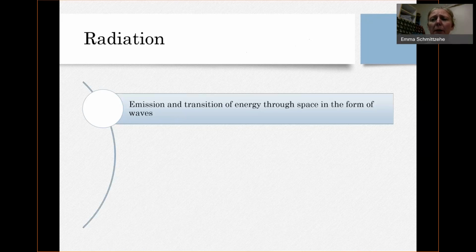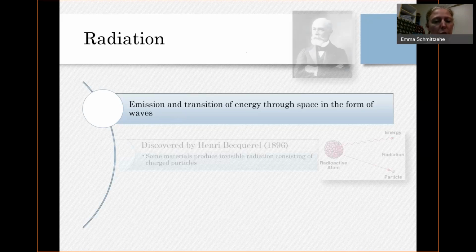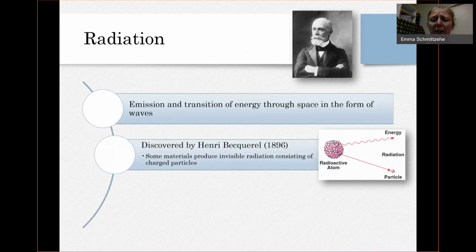But they wanted to really understand, is that true? Do we have these smallest units that we're going to call atoms that make up an element? And so they studied different samples using radiation. Radiation is something that was discovered by Henry Becquerel.